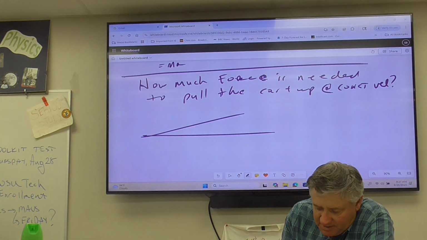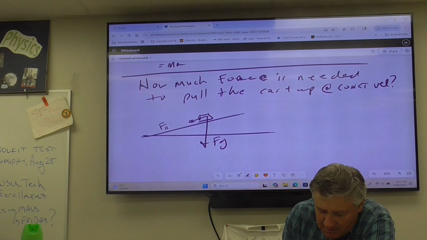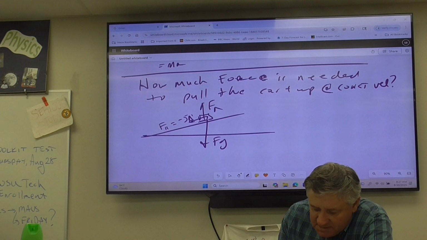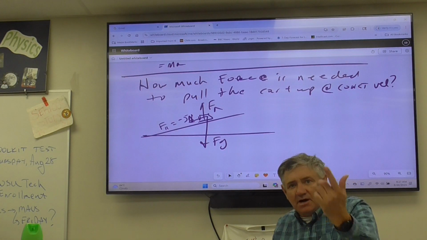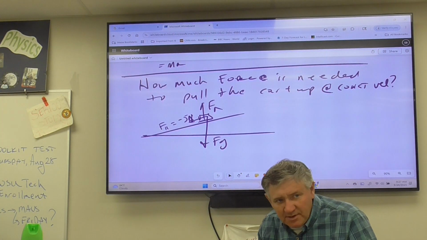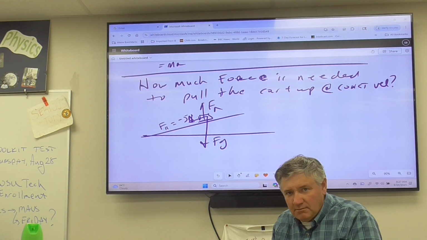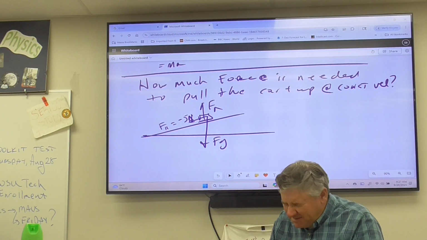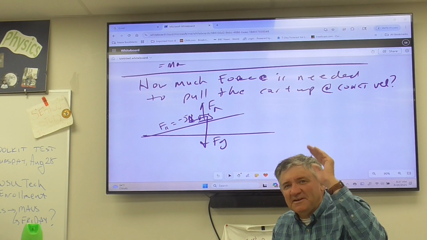Now, draw this out. Here's my inclined plane. Here's my box. Here's my FG. There's my force parallel, -5 newtons. There's my force normal. So obviously if I'm going to push it up the hill, Dylan is mowing.